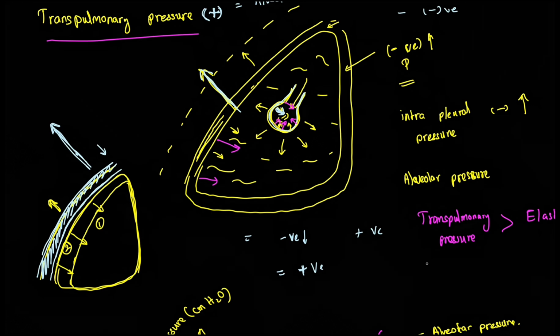But in the end stage of inspiration, the elastic pressure becomes more than the transpulmonary pressure, because the muscles are relaxed and the intrapleural pressure becomes less negative, so the transpulmonary pressure becomes lesser, which causes the lungs to compress.